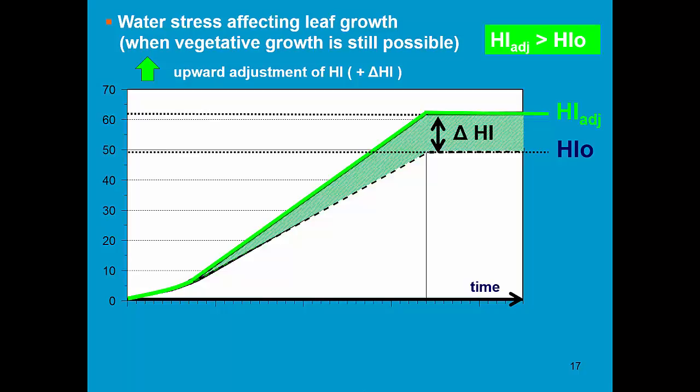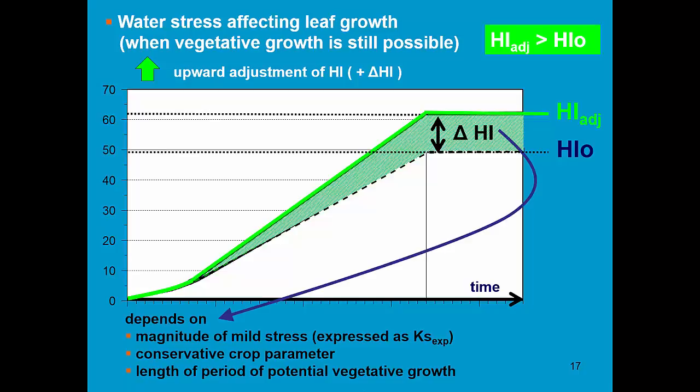When water stress affects leaf growth, but the stomata are not yet closed, the carbohydrates are then used to fill the grains instead of making new leaves. This results in a positive and upward adjustment of the harvest index. How strong is that?